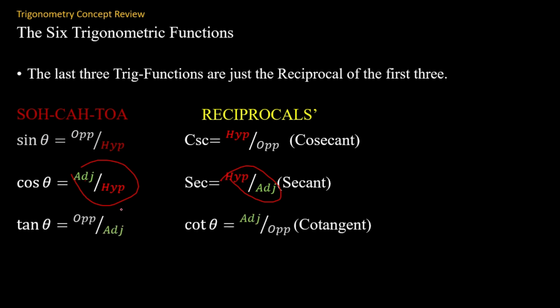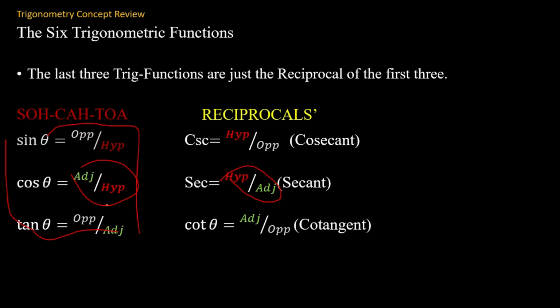Tan theta is opposite over adjacent, which corresponds to cot. That is cotangent, adjacent over opposite, the reciprocal of tan. So when we know these basic three ratios, we will be able to get the rest. You don't need to memorize everything. Just know SOHCAHTOA and you get this.